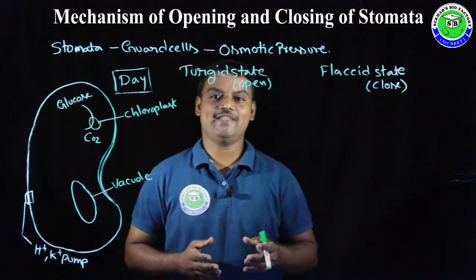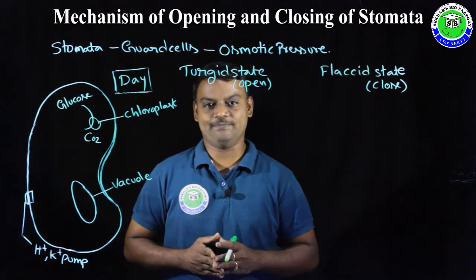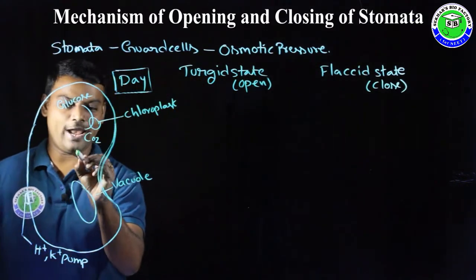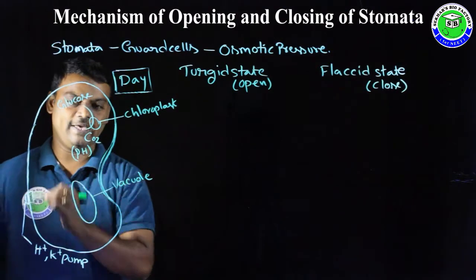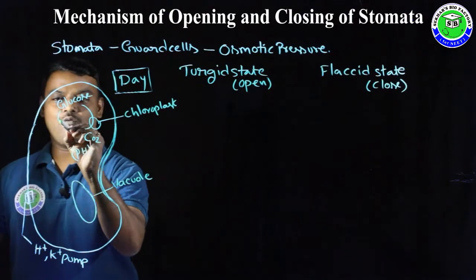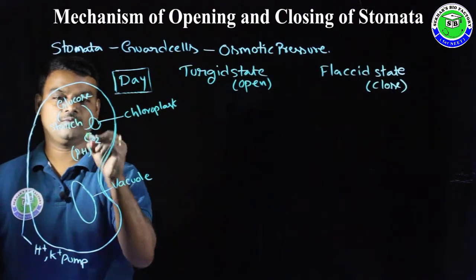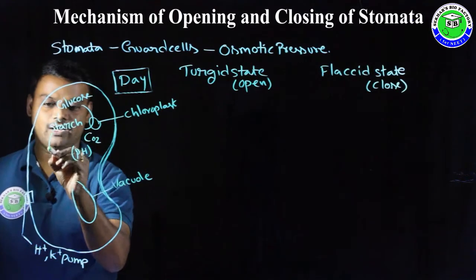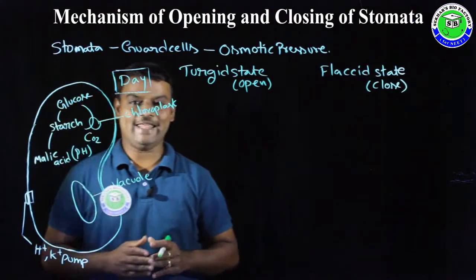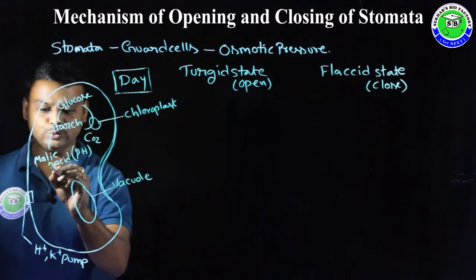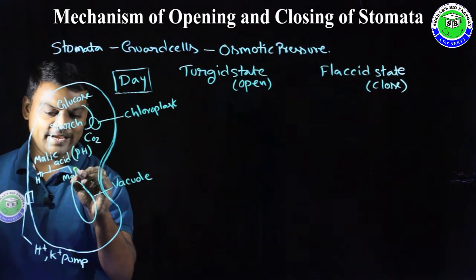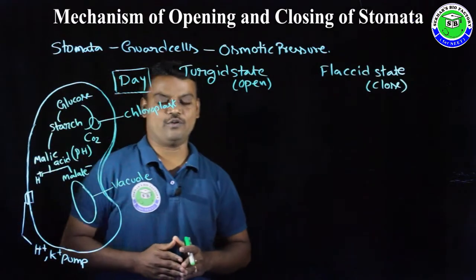As carbon dioxide is utilized, gradually the carbon dioxide concentration decreases in the guard cell and the pH value increases. Now this glucose is converted into starch, and this starch is converted into malic acid. This malic acid breaks down into H plus ions and malate minus ions.